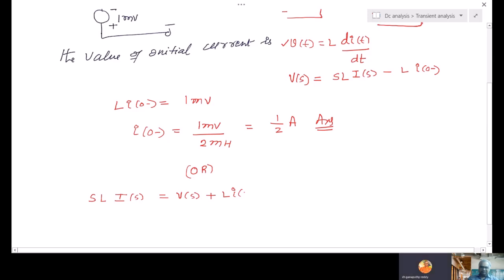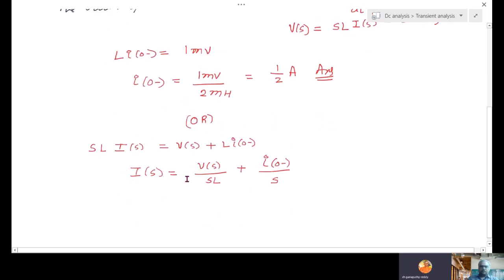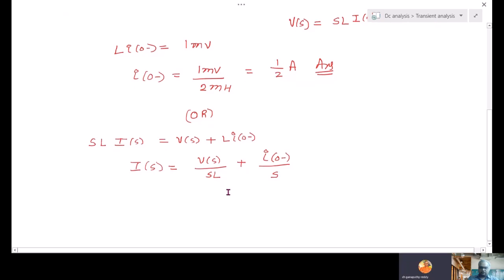Then we want I of s. Current form I am writing. So that is V of s divided by SL plus, L L cancels, I0 minus by S. So this is also an S domain, but current form. Current form is always circuit looks like parallel.